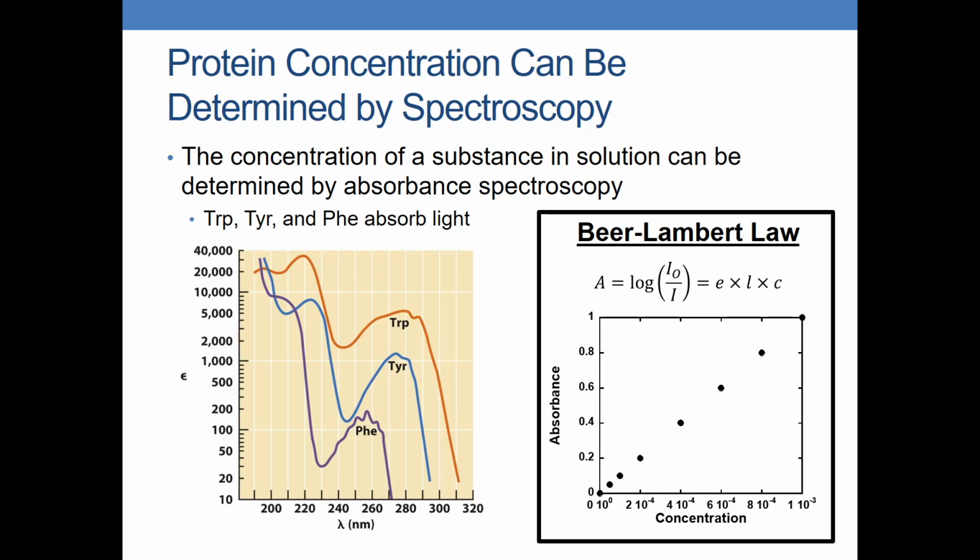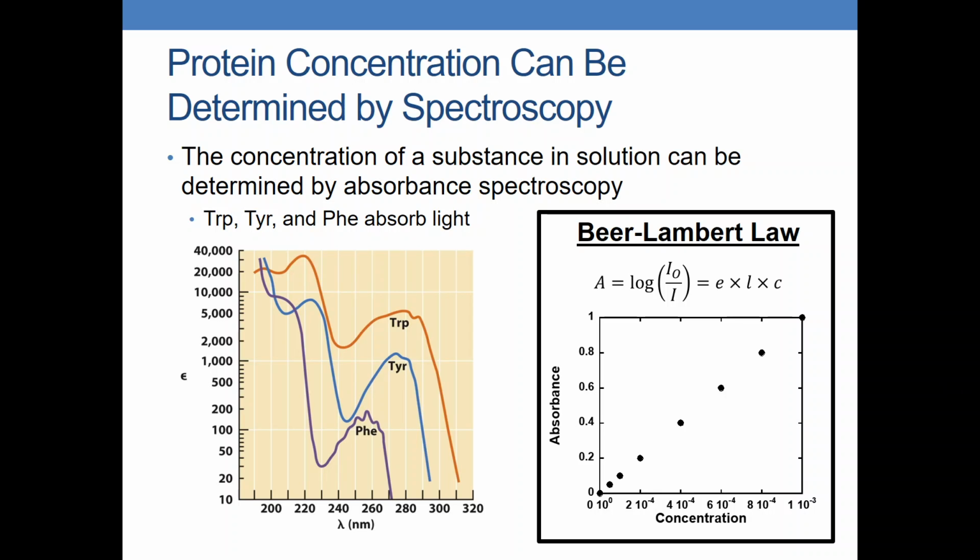And for that reason, we're most often going to look at the absorbance properties at 280 nanometers. So if you recall, tryptophan and tyrosine both absorb light very well at 280 nanometers. Phenylalanine, not so much. It absorbs closer to about 250 to 260 nanometers.